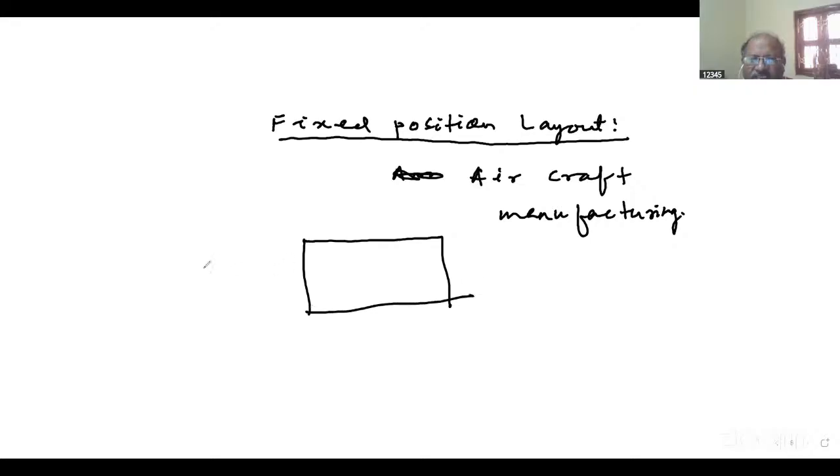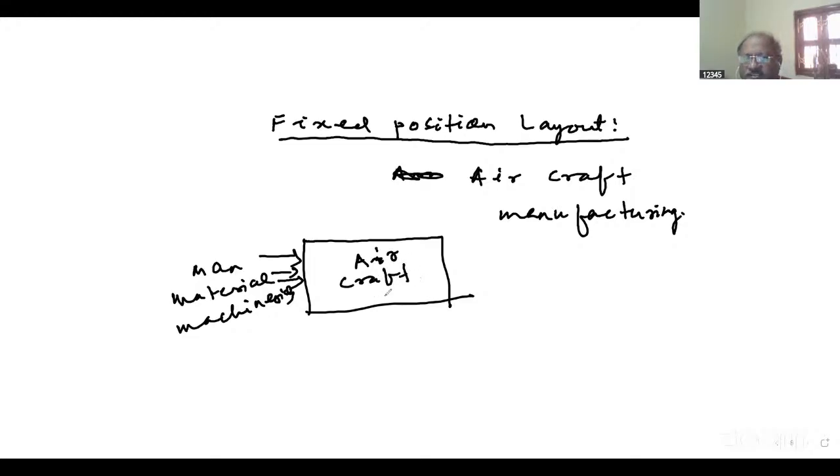Man, material, and machinery are brought to a fixed location where your aircraft is manufactured, suppose. And finally, this is your output.